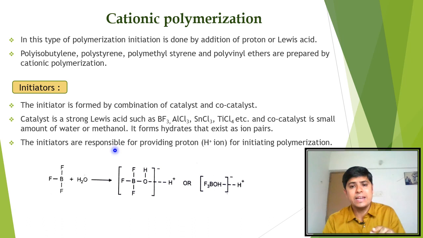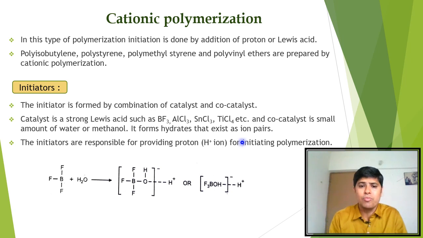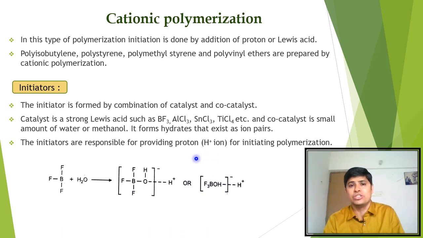The co-catalyst, water or methanol, combines with the catalyst, the strong Lewis acid, to form a hydrate that exists as an ion pair. The initiators are responsible for providing a proton, that is H plus ion, for initiating polymerization, that is for the initiation step.